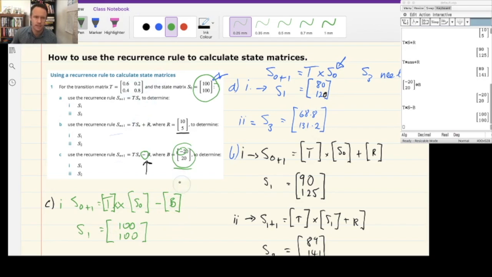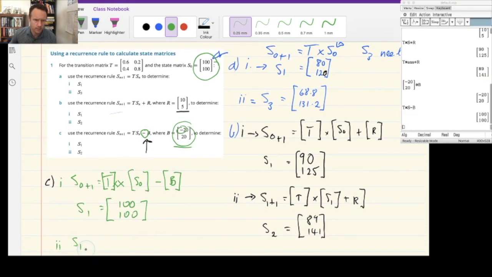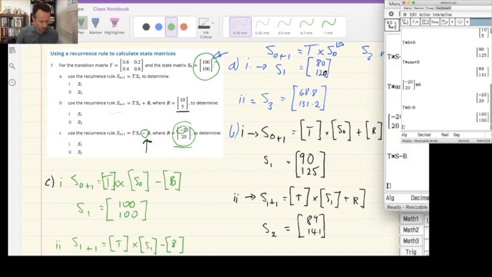And a similar thing is going to happen down here, except when we do these two, we're going to end up with 120, and it's going to subtract 20 from that. Okay, so for the sake of process, we'll go through with it. S1 plus 1 is equal to the transition matrix that we've got times S1 and subtract B. For the sake of being thorough, we will do that and go T times our answer this time, just for good practice, minus B, and give us an answer, and we get 100.